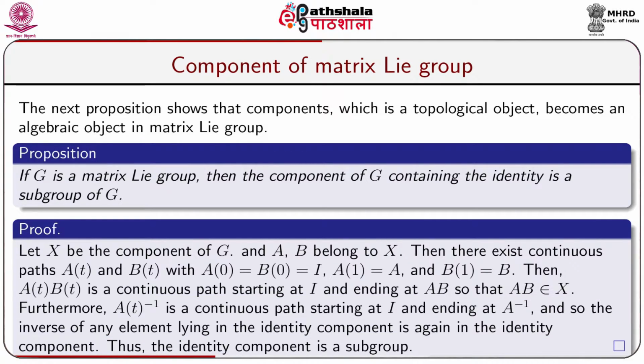Therefore, we have that the product of two members of this component is contained in this component, and also the inverse of any member of this component is contained in this component. Therefore, we can say that any component containing identity is a subgroup of GL(n, C).